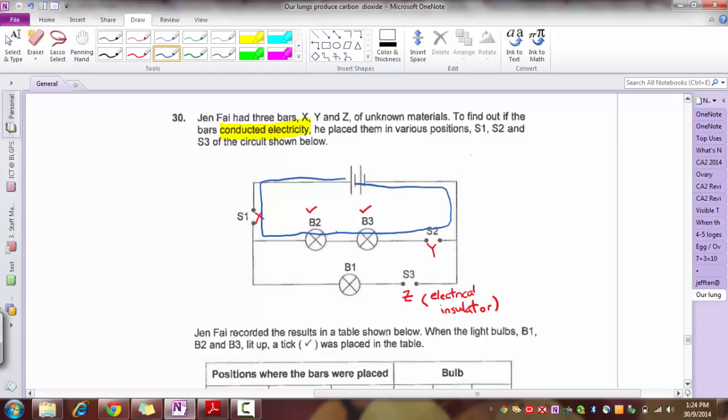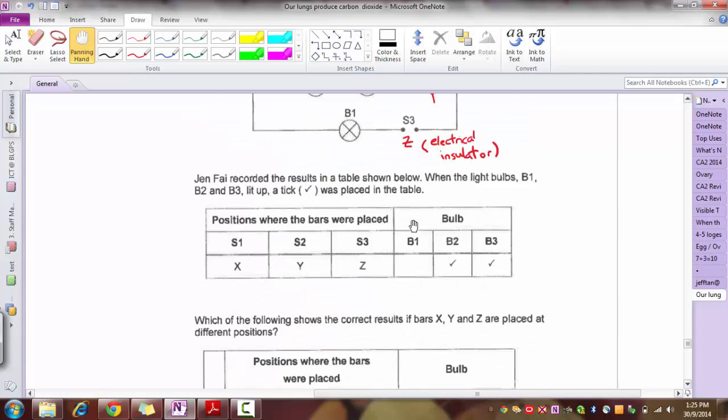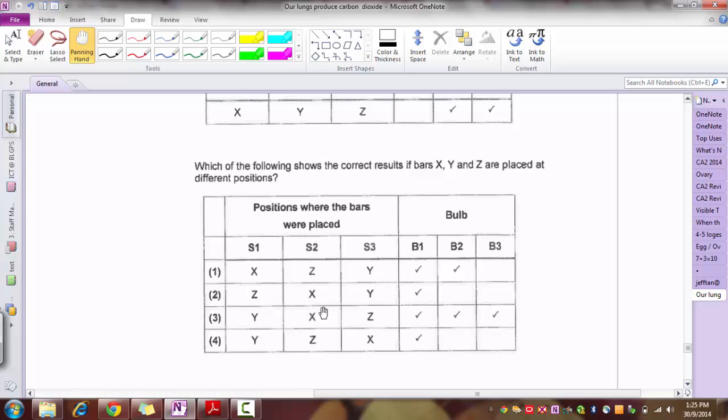That's why these two will light up. Please take note: we have figured out that Z is the electrical insulator. Now we are supposed to find out which is the correct result if bars X and Y are placed in different positions. So the key focus will actually be on Z.